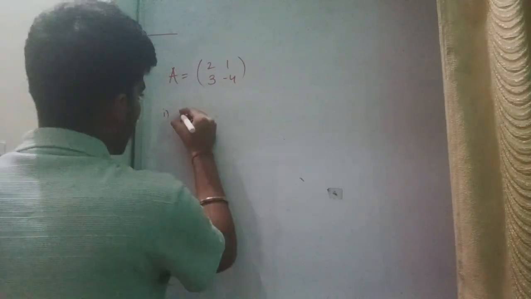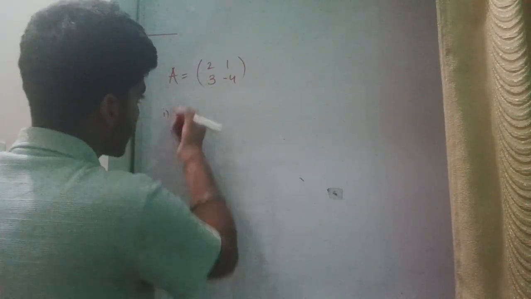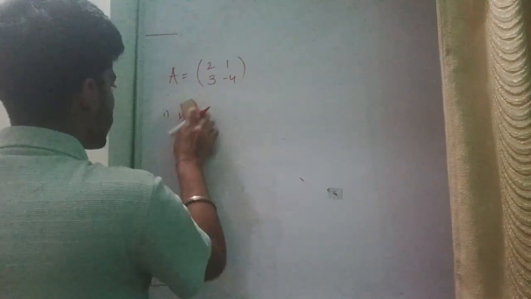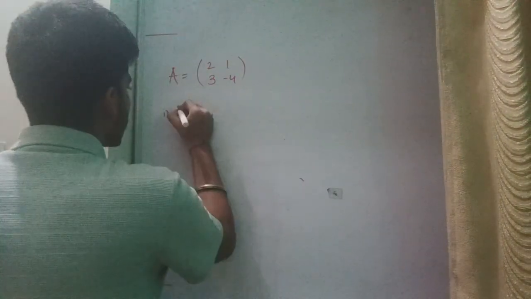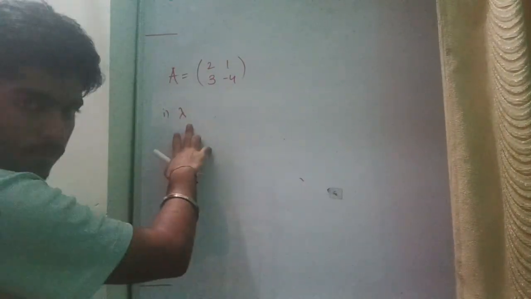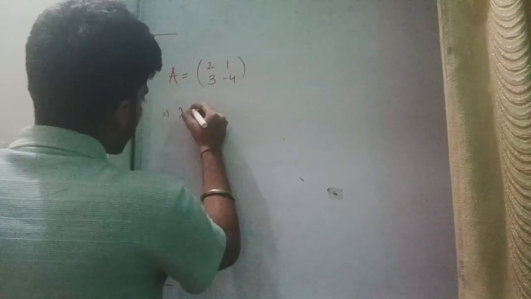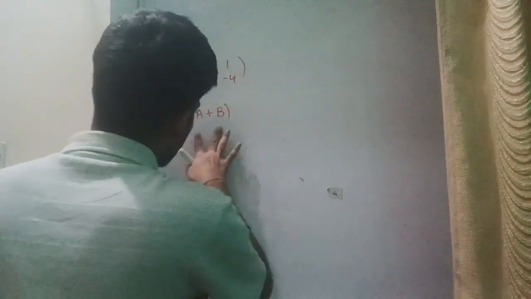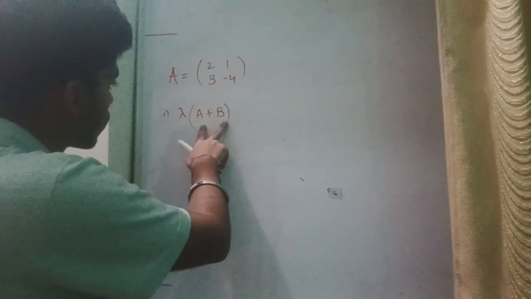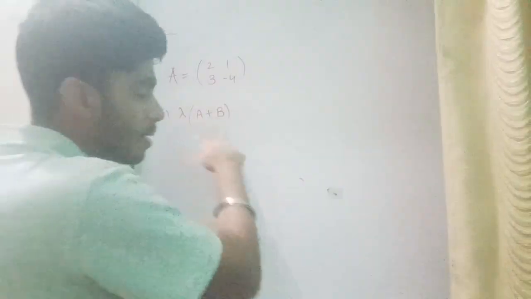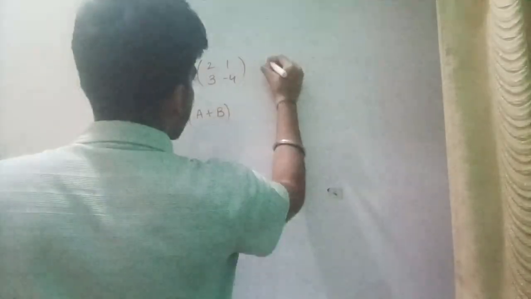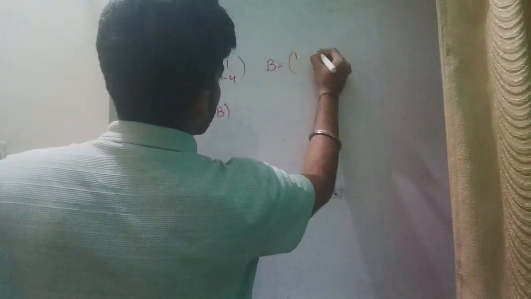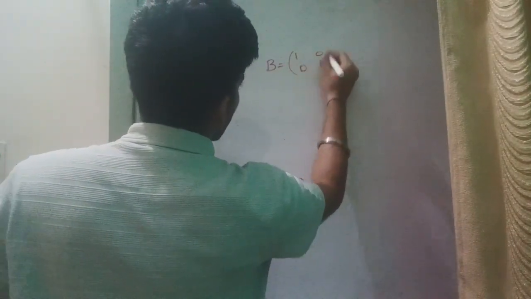My first property says that if I take a scalar, let's say lambda, and it is multiplied with the addition of two matrices, lambda times A plus B, where B is another matrix, let's say 1 0 0 1.